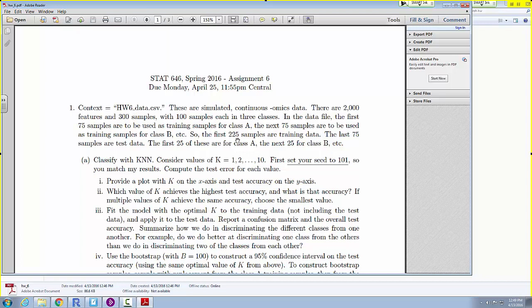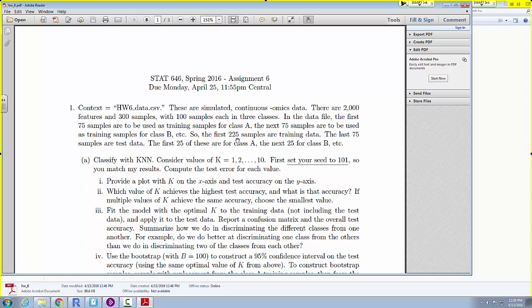But remember that if we use the training data to build the model and then turn around and apply the model to the same data, the training data, we're going to get an overly optimistic picture of how accurate the model is. Because the model is going to fit the training data better, it's going to tend to treat the training data better than any other sample that you might pull from the same population.